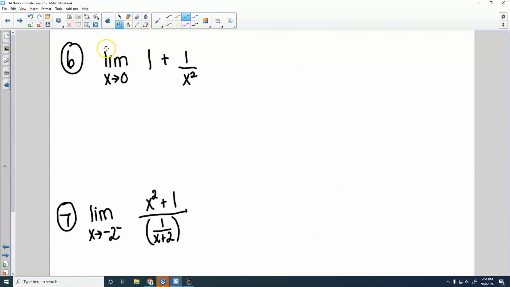So some of this we've already really done. If I'm doing example 6, I'm doing the limit as x approaches 0 of 1 plus 1 over x squared. So the limit as x approaches 0 of 1 plus the limit as x approaches 0 of 1 over x squared. This first part is simple.